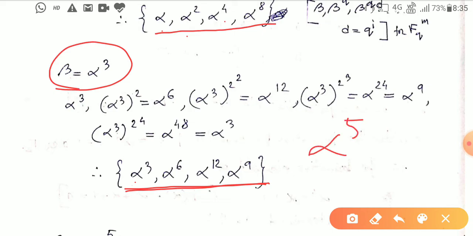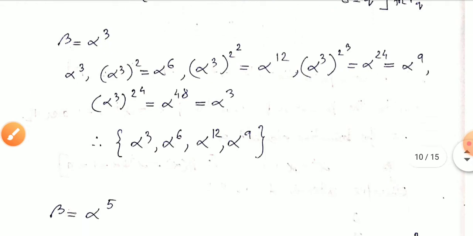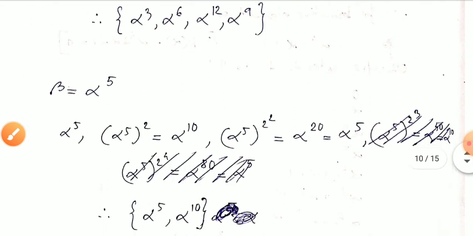So you have to do this process until you confirm that each and every element from alpha up to alpha to the power of 15 is included in the conjugacy classes. Until then, you have to do the same process. So you just apply alpha to the power of 5 and do the same process.